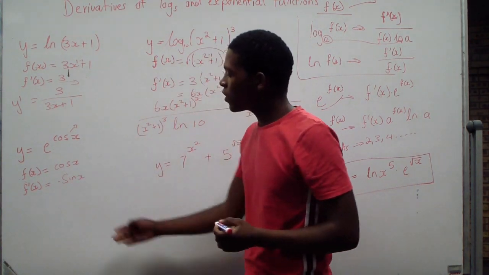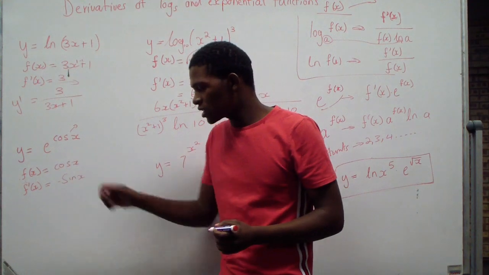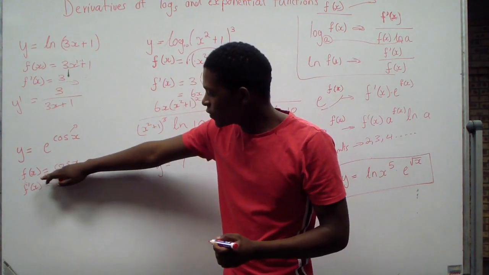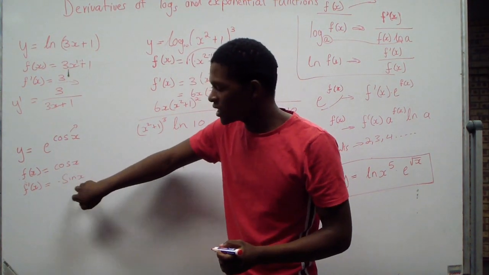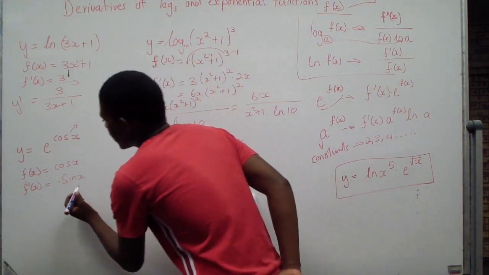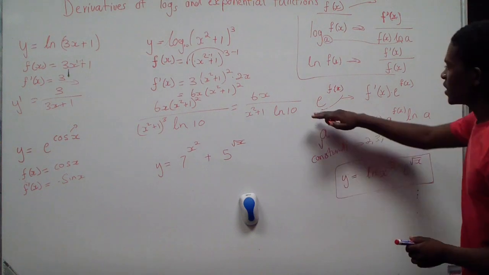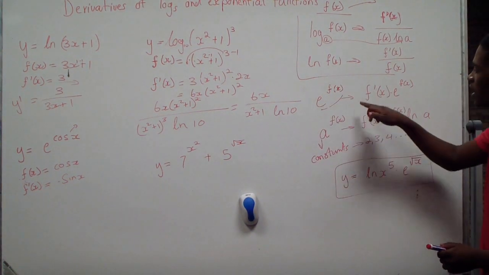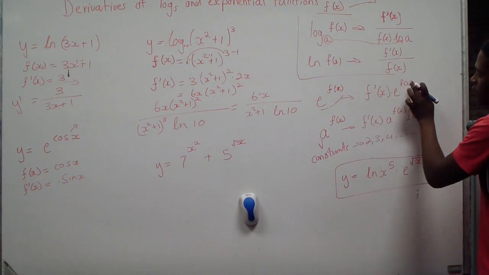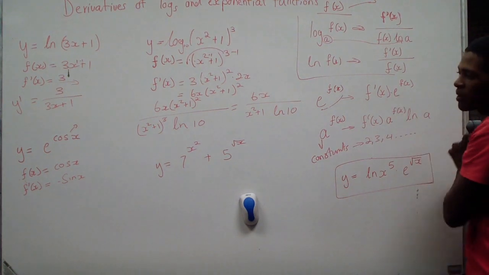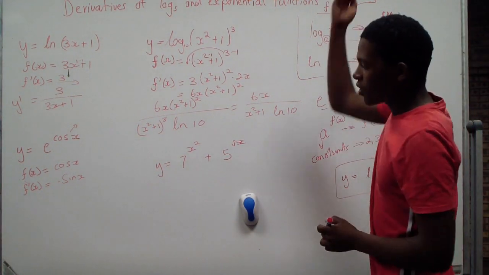From the previous video, I showed you how to derive this, that if you derive cos, you get a negative sine. Then, now you apply the formula of an exponent. If you're having e to the power function, then you can say the derivative of the function multiplied by e to the power function.